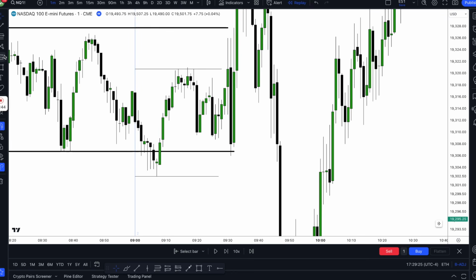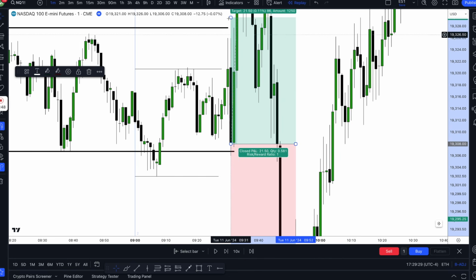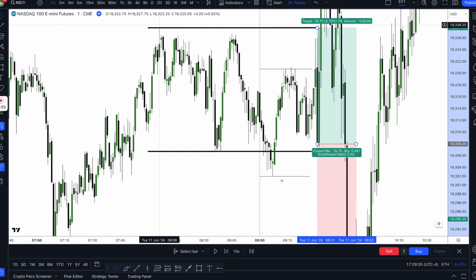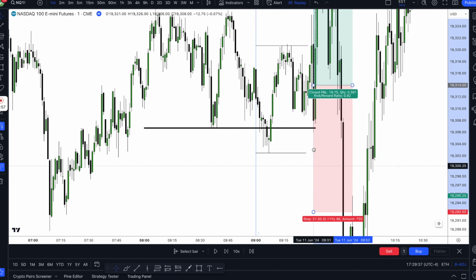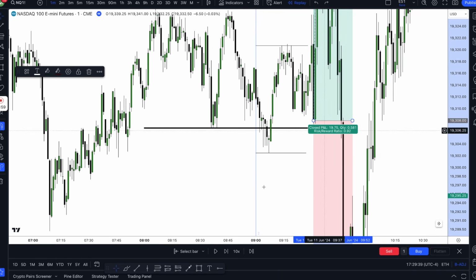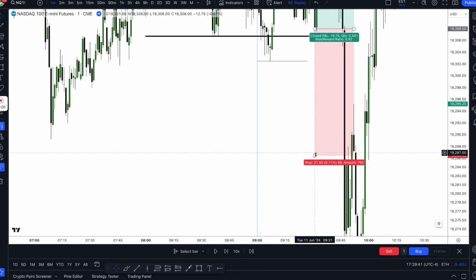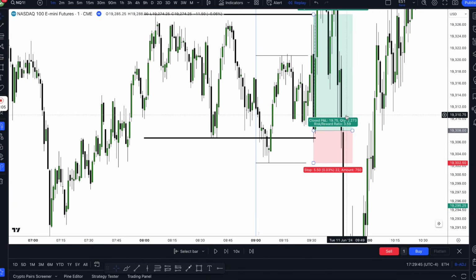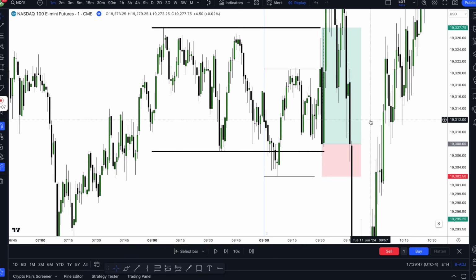So, entry long right here, targeting the CRH. Stop at the swing low with a 3.59 R to R.